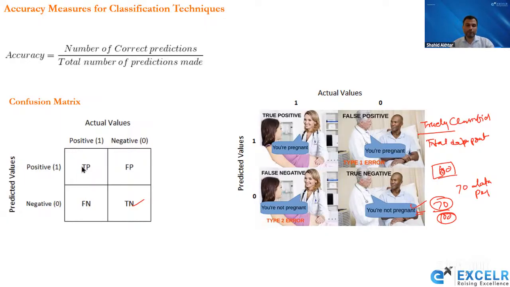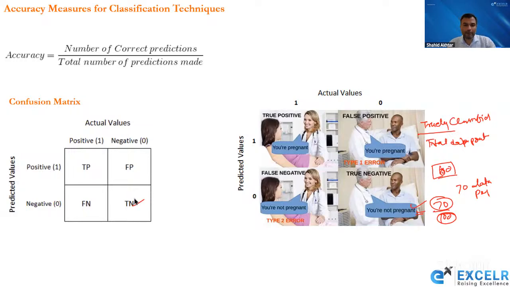On the flip side, the person is actually not pregnant, and the predicted value is also not pregnant. So that is negatively true.